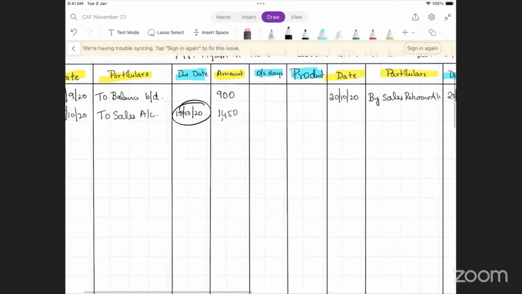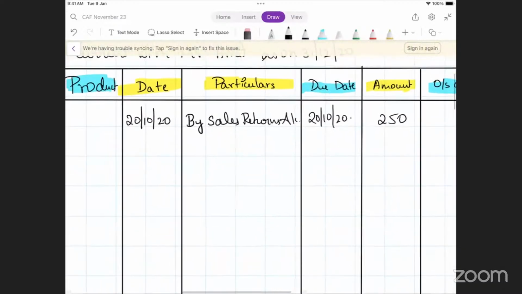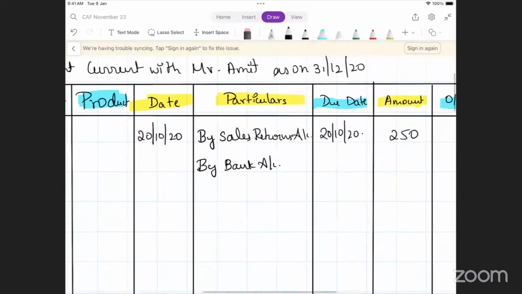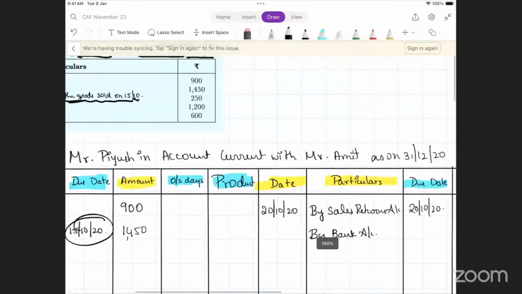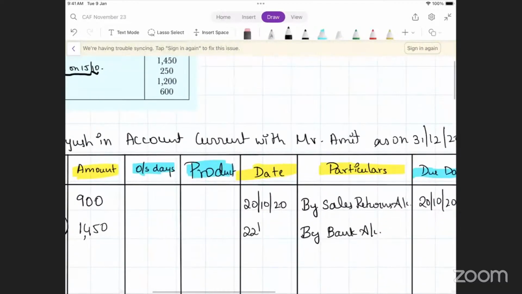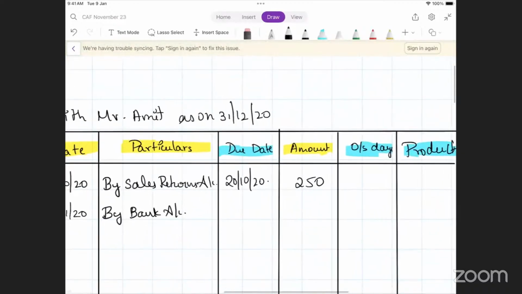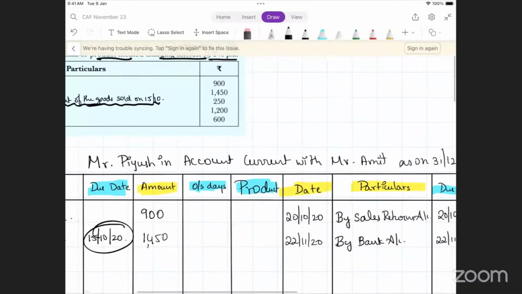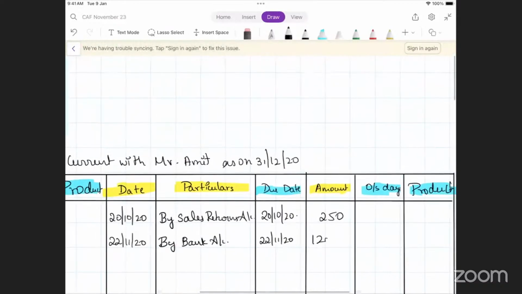The Piyush account will be credited by bank. This is on 22/11. Due date is not given, so I write the transaction date itself, 22/11.